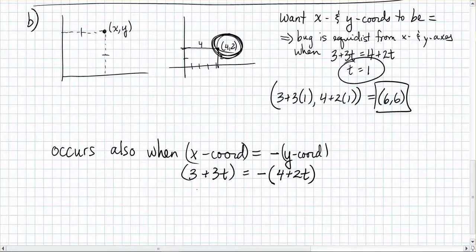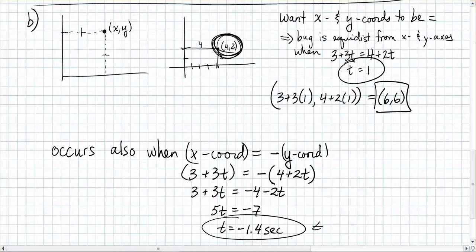And if you work this out a little bit, it's 3 plus 3t equals -4 minus 2t. And so that'll be 5t equals -7, t equals -7 over 5, which ends up being -1.4 seconds.